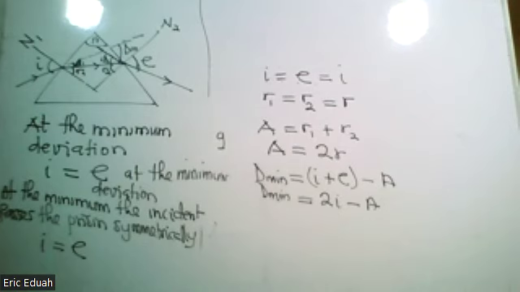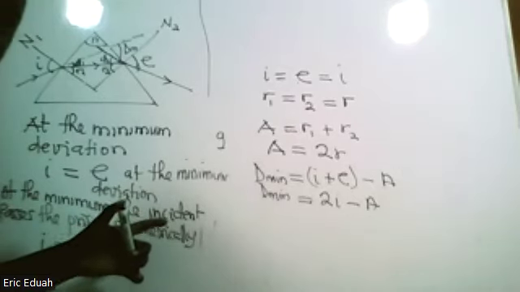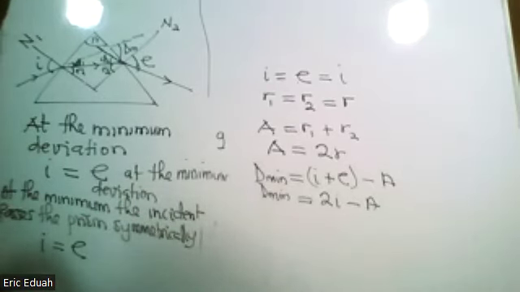Now, we can use these conditions which prevail at the minimum deviation also to find the refractive index of the prism. And this is it.